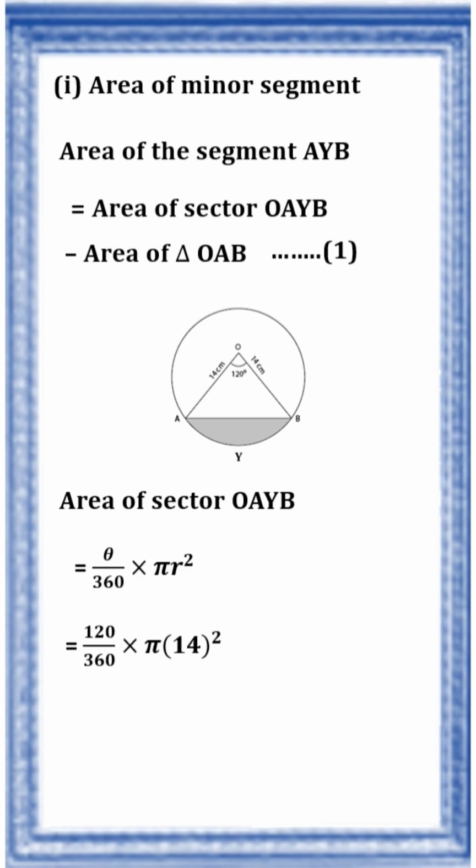Theta is 120 here, radius is 14. Here 2 ones are 2, 2 threes are 6. So now what do we have? Instead of pi, 3.14 into 14 by 3, which is equal to 205.14 centimeter square.